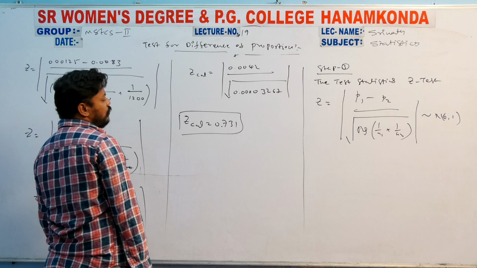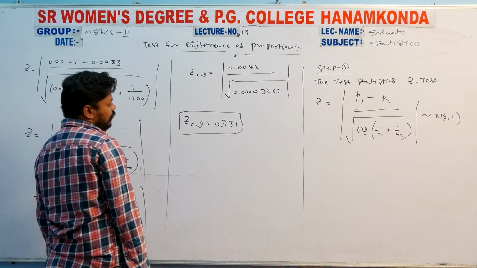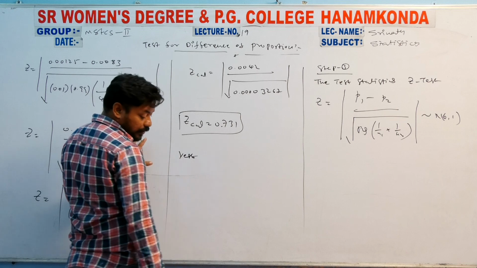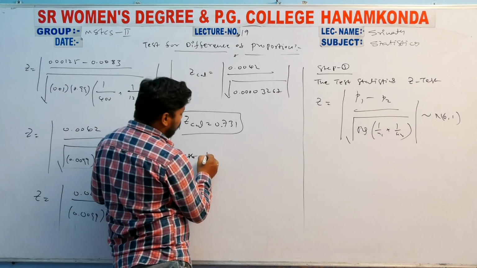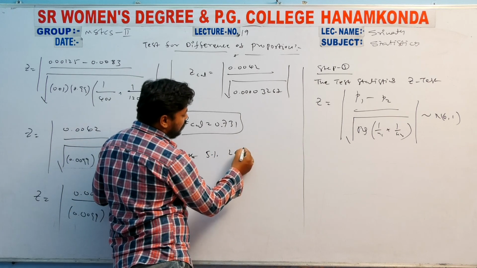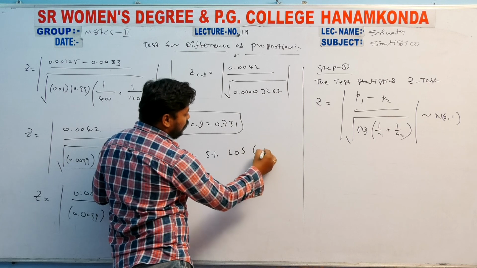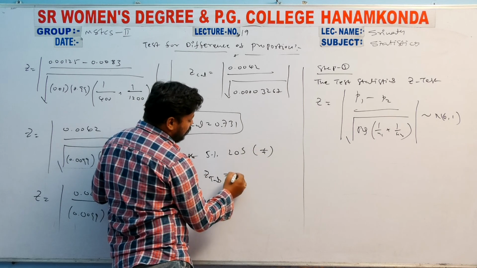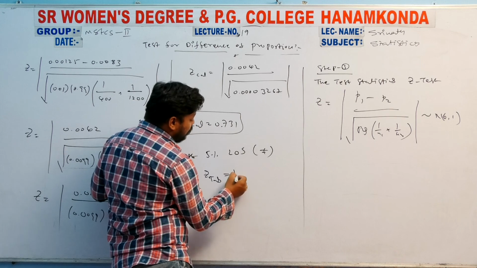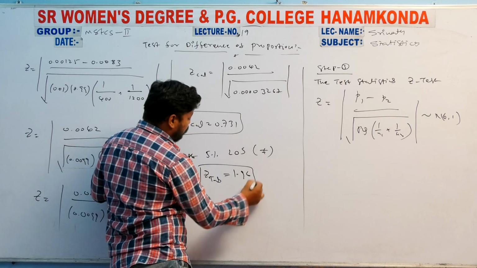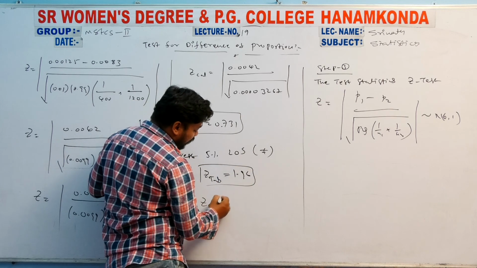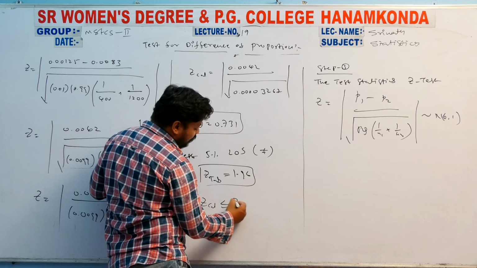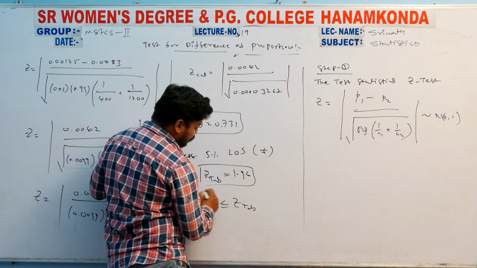The Z calculated value is 0.731, and at the 5% level of significance in the two-tailed test, the Z table value is equal to 1.96. So here Z calculated is less than or equal to the Z table value.